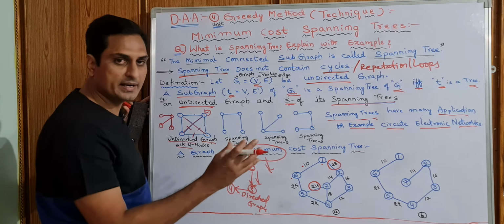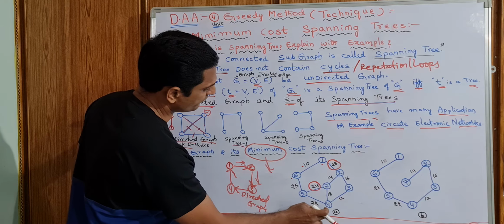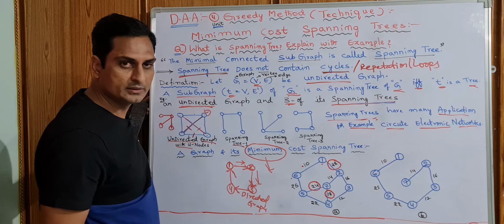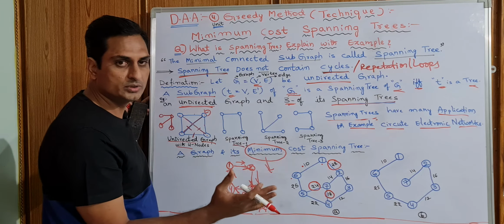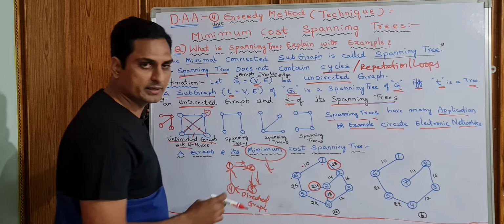We are drawing a spanning tree of minimum cost. So we go to 4. From 4 we have two directions. Again 18 is bigger, so remove this 18 edge from the graph, so that it becomes a minimum cost spanning tree.